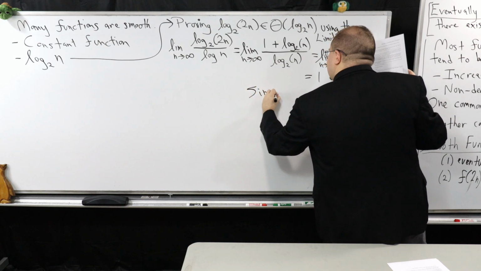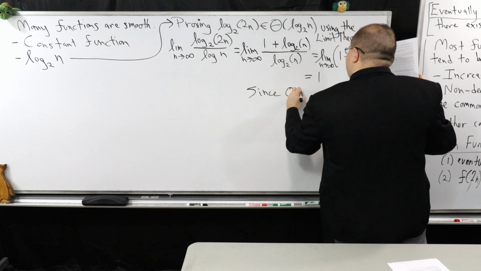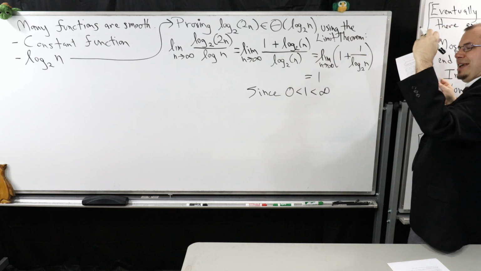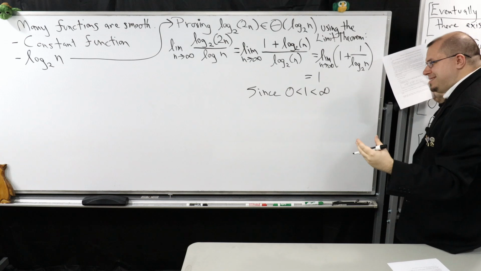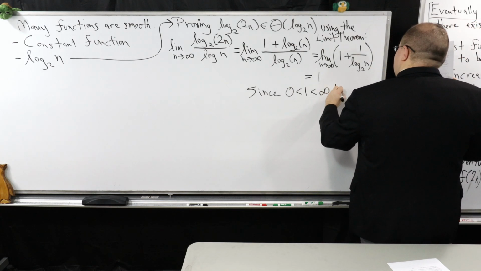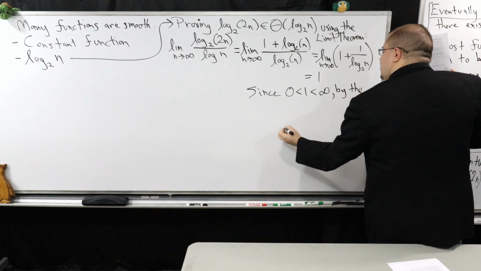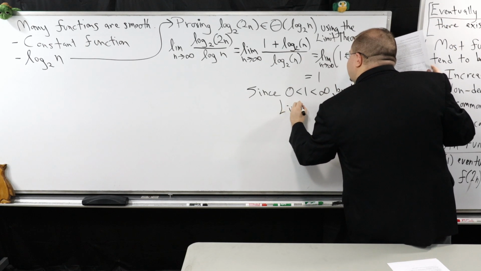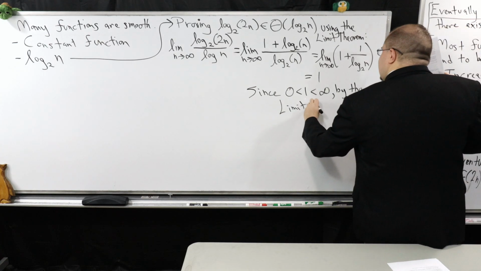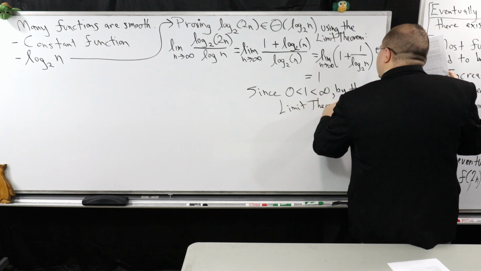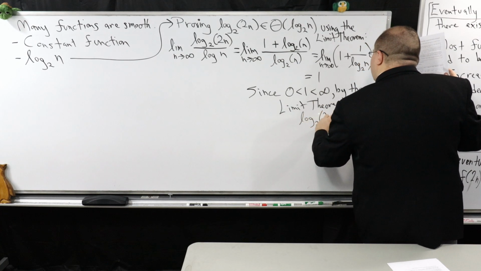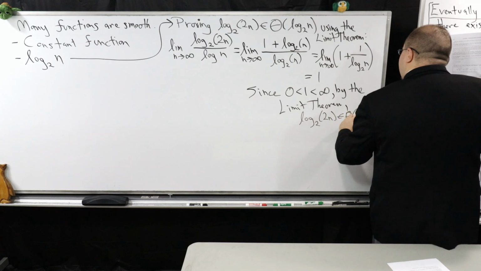Since 0 is less than 1 is less than infinity, and I gave you a whole bunch of different cases, this is one of those. Since I came up with a constant between 0 and infinity, this limit theorem tells me that log base 2 of 2n is in fact big theta of log n.